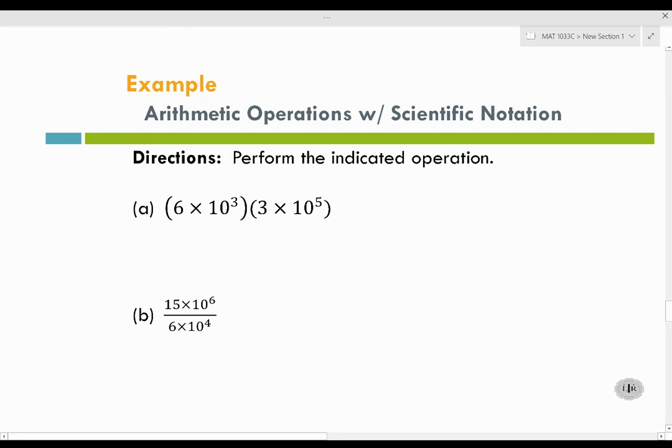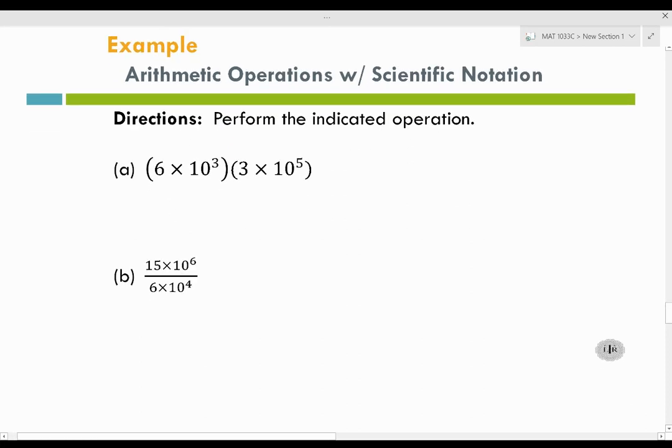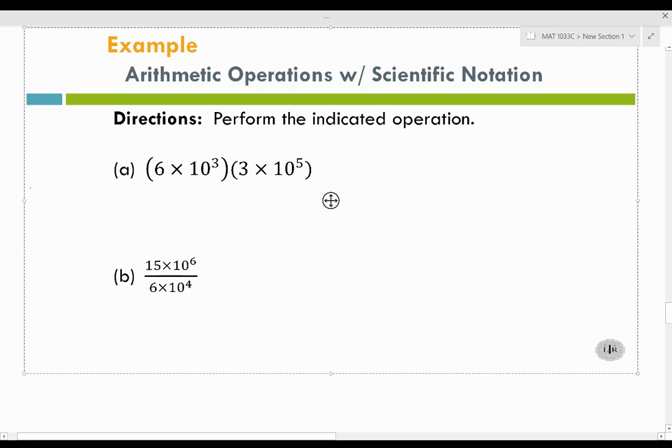All right, so let's look at these. It says perform the indicated operation again. So for A, we have 6 times 10 to the 3rd power times 3 times 10 to the 5th power. So once again, remember, you need to look at the operation that's in your problem. So for the first one, the operation that we've been given is multiplication, okay?